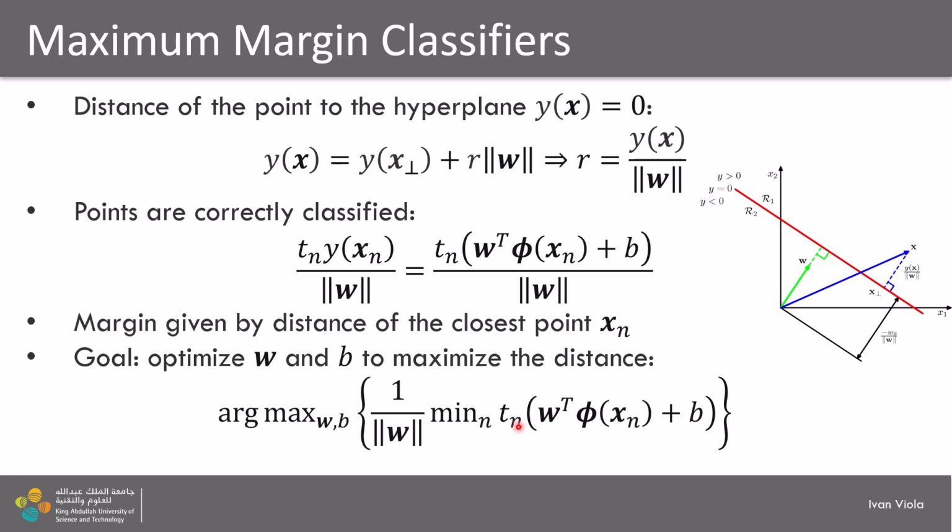It's the same for all values, but the distance will be smallest for some n, and we will pick the minimal n. And given the minimal n, we make this distance as big as possible, maximizing it by optimizing w and b.